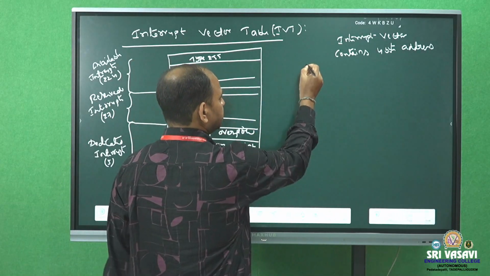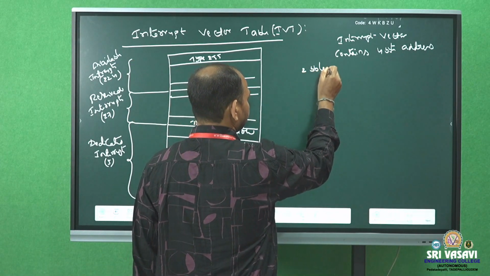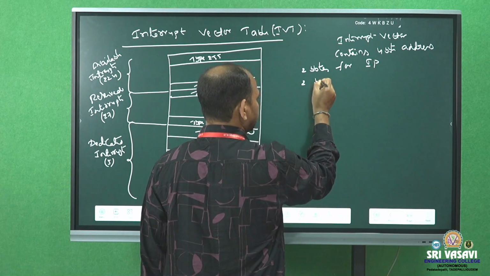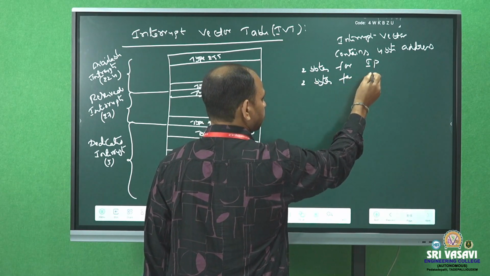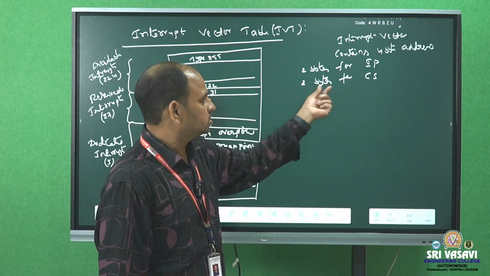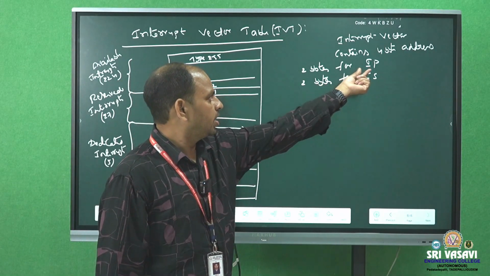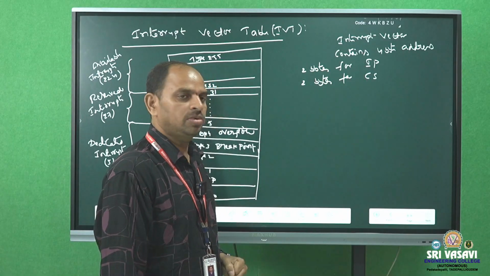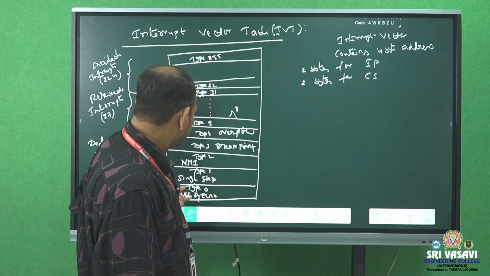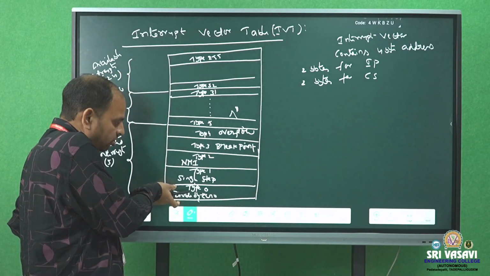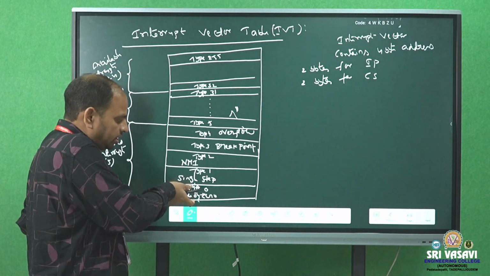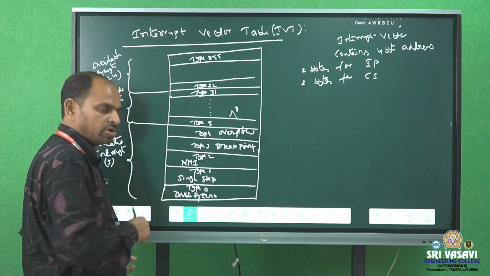So 2 bytes for IP, 2 bytes for CS. So code segment address is 2 bytes, and instruction pointer address is 2 bytes. Okay, so total 4 bytes are required, and those 4 bytes are stored in the 4 locations in the interrupt vector table. That means each type requires 4 bytes.